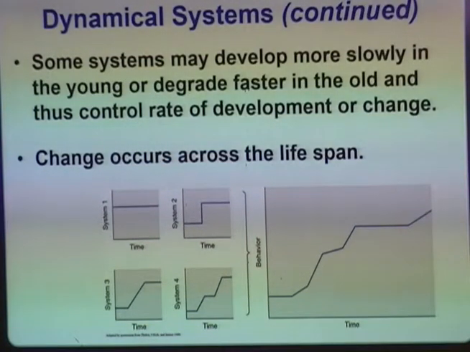So systems develop at different rates, and when we look at the other end of the lifespan, systems degrade at different rates. Right? So the term that we use for this is a rate limiter. Some books will say a rate controller. Right? So which system is, when we're looking at younger people, which is the slowest system that's necessary for that particular skill? And we won't see that movement emerge until that particular system has developed enough to allow the movement to emerge.